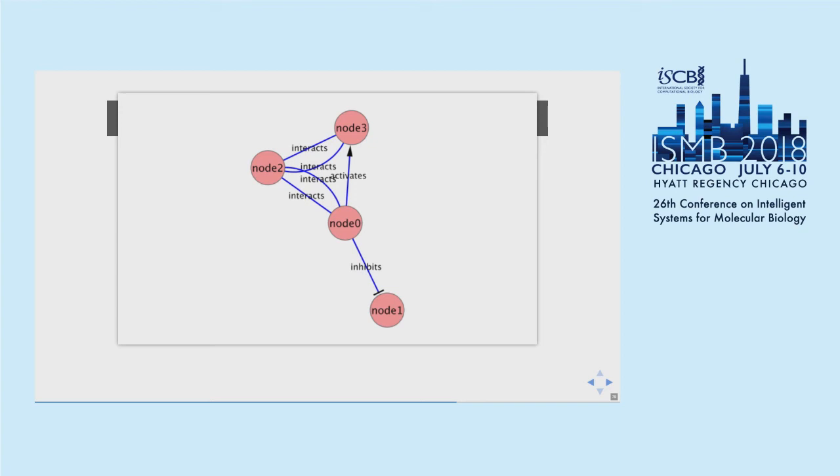In biology, this is really important because I might have multiple types of interactions between two nodes, right? So they might both be part of a complex, but separately they might do some sort of modification. So in Cytoscape we allow you to have multiple edges, and those edges can have different types.